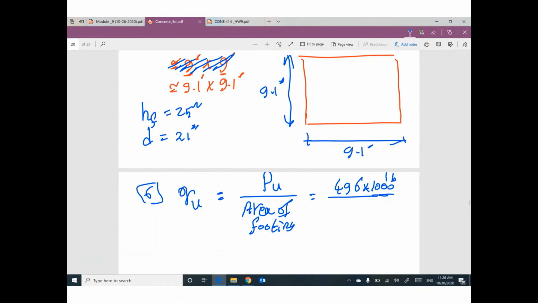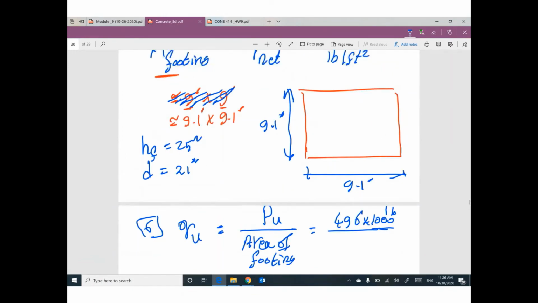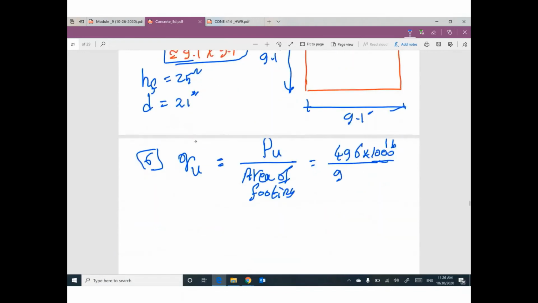Divide area of footing, the actual area of footing. The actual dimension right now is 9.1 times 9.1. So this value of Q ultimate will be 5,989.6 pound per square feet. Put your units all the time. This area in feet square, this value in pound, so everything in pound.